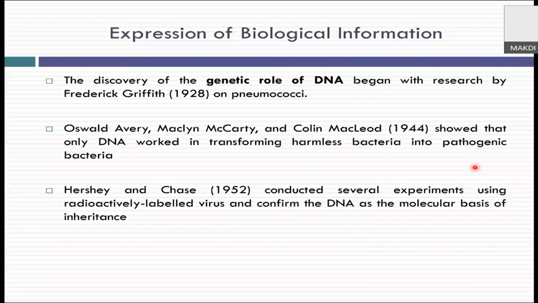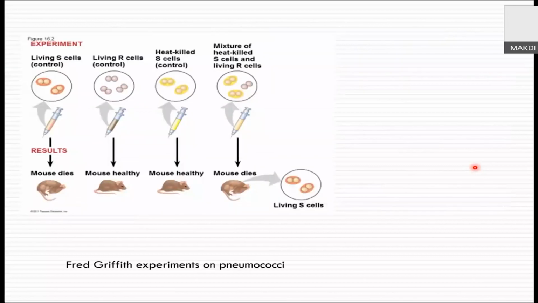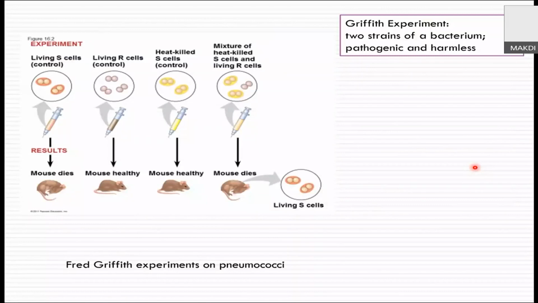And the experiments began with Frederick Griffith. He discovered the genetic role of DNA by using this experiment on mice. They put two strains of bacterium, one pathogenic, one non-pathogenic. When they put the pathogenic strain inside the mouse, the mouse will die. On the other hand, if they put the non-pathogenic strain of bacteria into the mouse, it is still healthy because the bacteria don't have any disease that will infect the mouse.